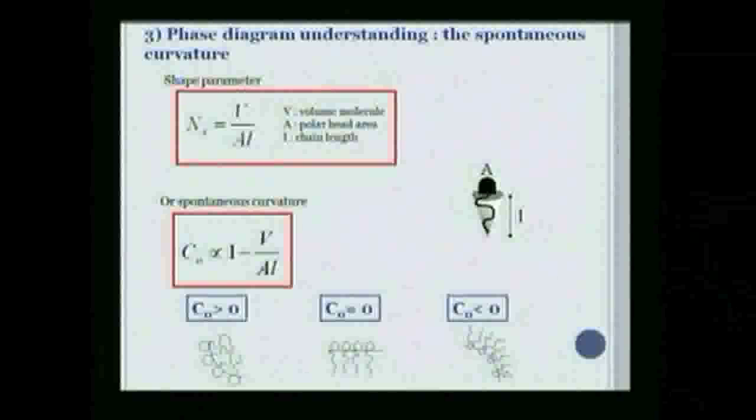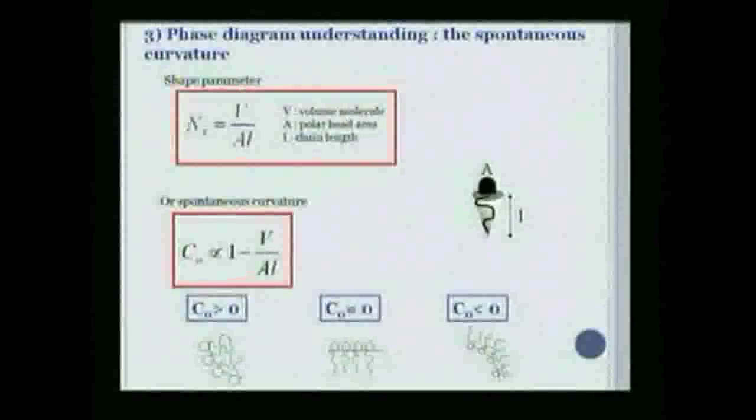Then I can, in this situation, completely invert the spontaneous curvature, get C0 negative spontaneous curvature. This is the case, for example, when you use typically small polar heads with, for example, two hydrophobic tails, which are very large, take a lot of place, and then you enlarge the hydrophobic part, and you invert the spontaneous curvature.